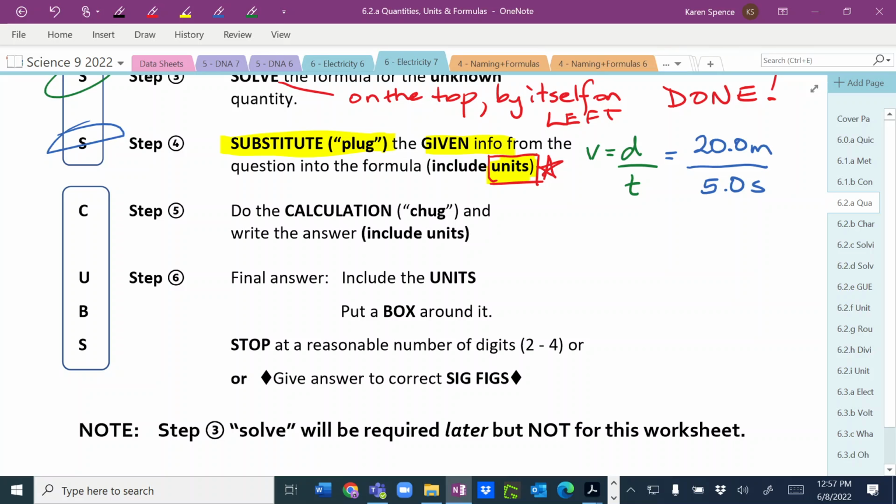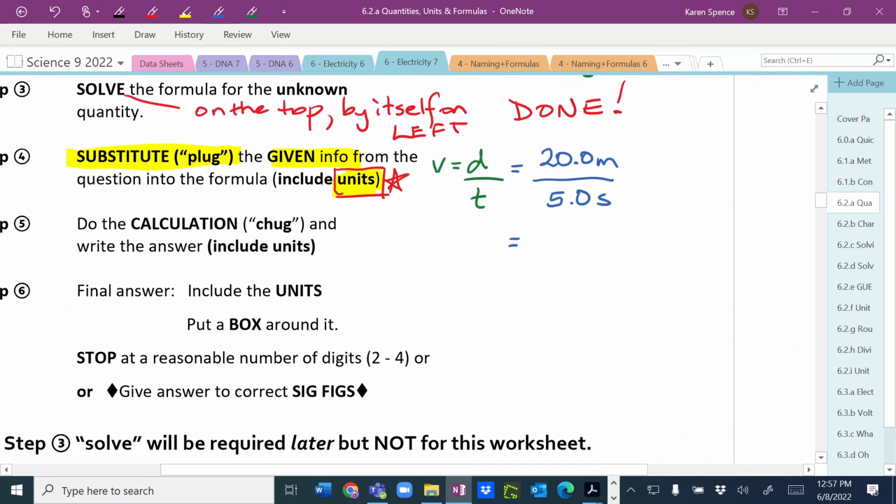All right. So we're going to do the calculation, and this one, fortunately, we don't even need a calculator for, do we? Do we need a calculator for 20 divided by 5? No. What's 20 divided by 5? 4. And we're also, again, going to include our units. What unit are we left with here?